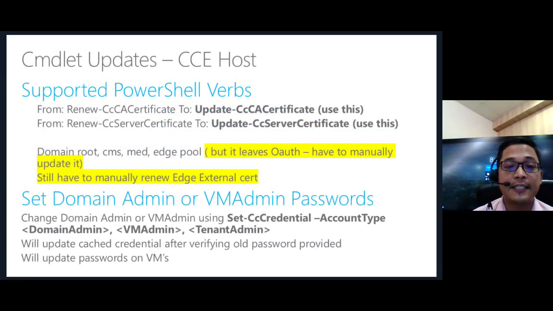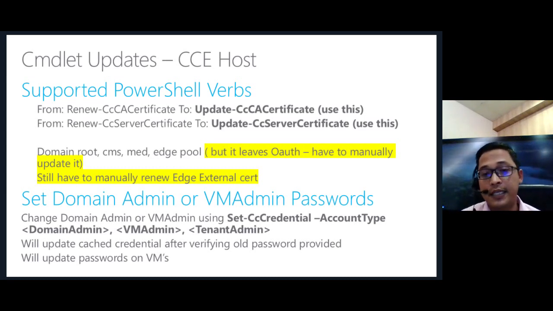Also, previously they supported renew CCE certificate. Let's say, for example, you want to renew or update your CA certificate. You can now use a new command called update CA certificate. This one is for the CA certificate, and there is another for the server certificate.